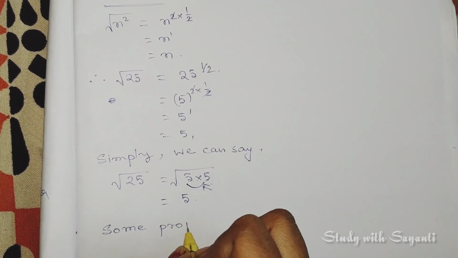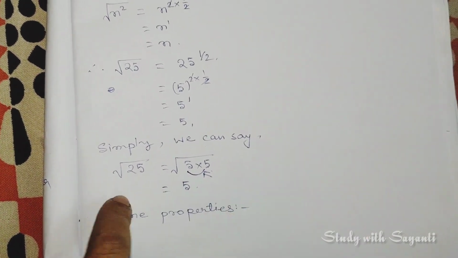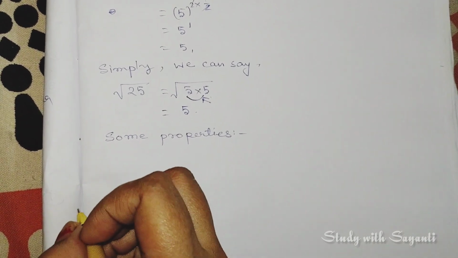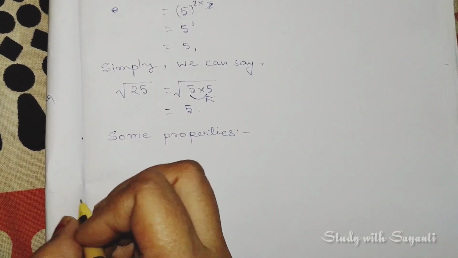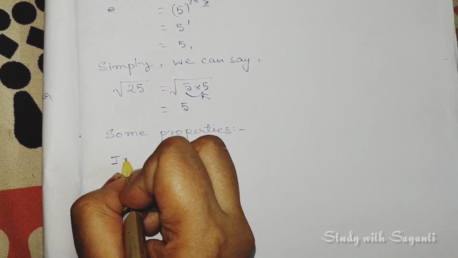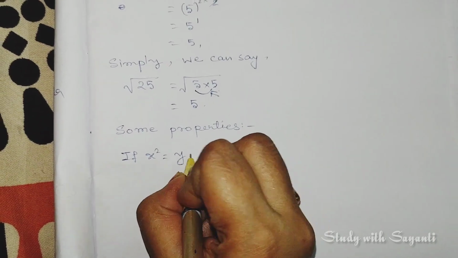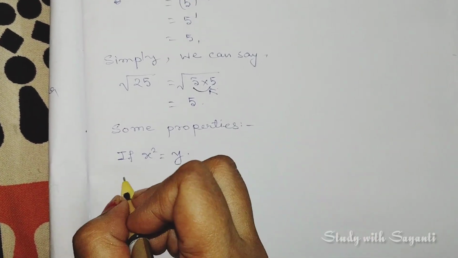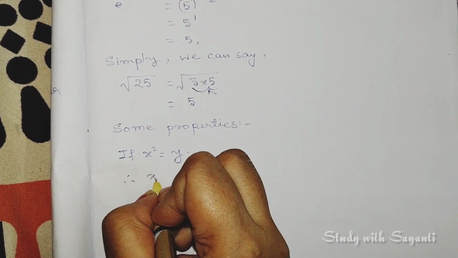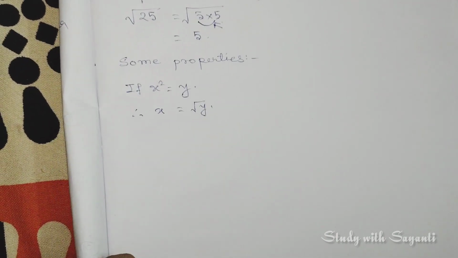Now let's read some properties of square root. Here it is. I have seen these properties in the book of R.S. Agarwal in the chapter Squares and Square Roots. If x squared equals y, where x squared and y are two numbers, then we can say x equals root y.